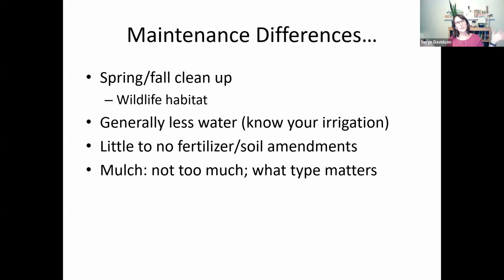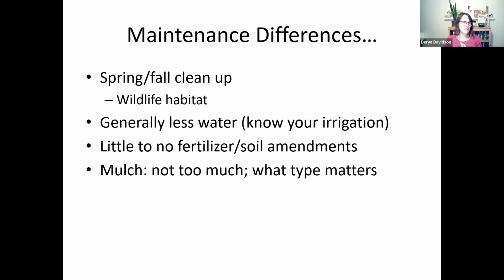So if you attract those critters to your yard with your flowers, and you're feeling good about supporting them, but then you cut everything back as soon as it gets cold and you rake out all the leaves so that it doesn't look messy, then there's nowhere for those things that you attracted to your garden to overwinter and complete their life cycle. So just gaining a little more understanding there is important.